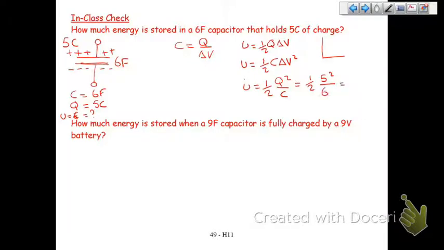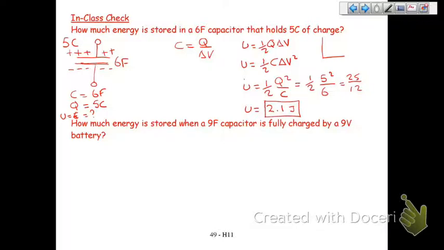So that's 25 over 12. So U is equal to 2 point something. Did I do that right? 2.1. What's the unit going to be? Joules, yeah. We worked in SI units, so we don't need to worry about anything else.